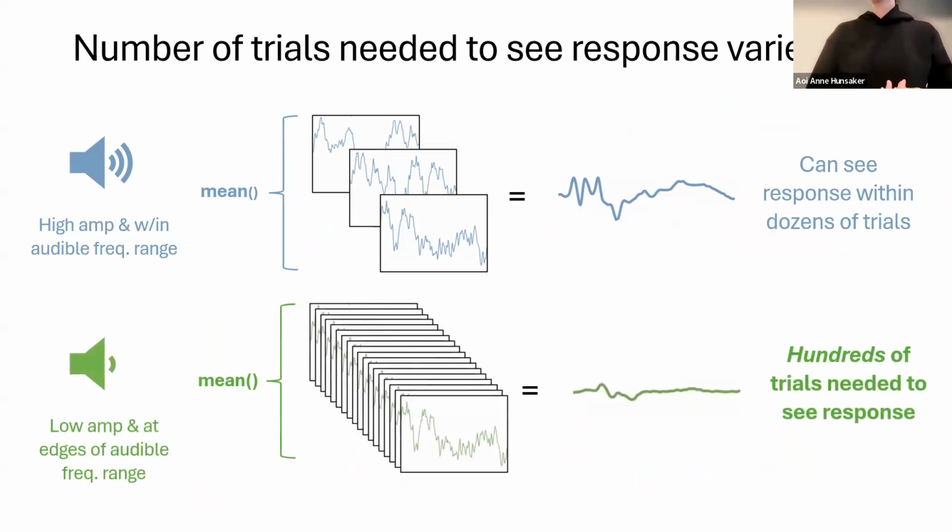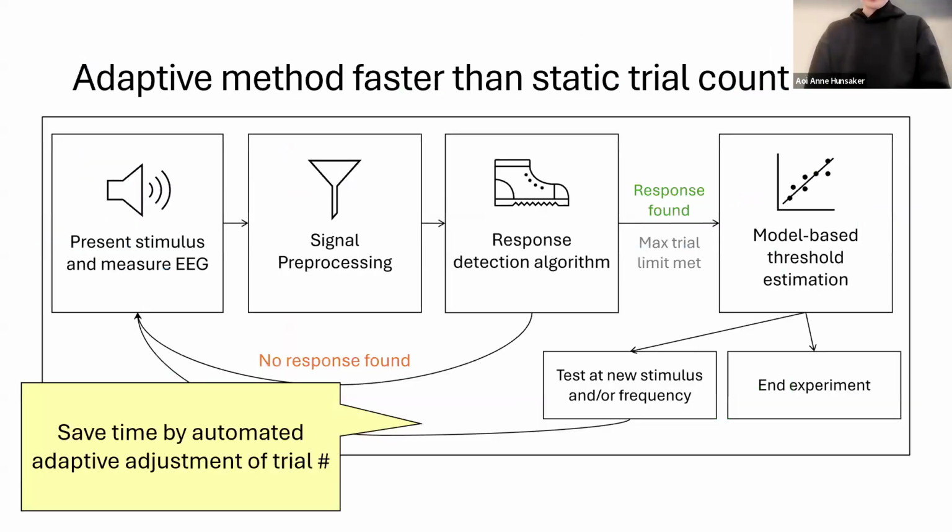On the other hand, for a stimulus that is low in amplitude and at the edges of the audible frequency range, you may need to average across hundreds or even thousands of trials to see a small blip of a response. And despite this great range of trials that are needed to see a response, most studies use a static trial count for all stimulus types, and we think we can try to save some time there.